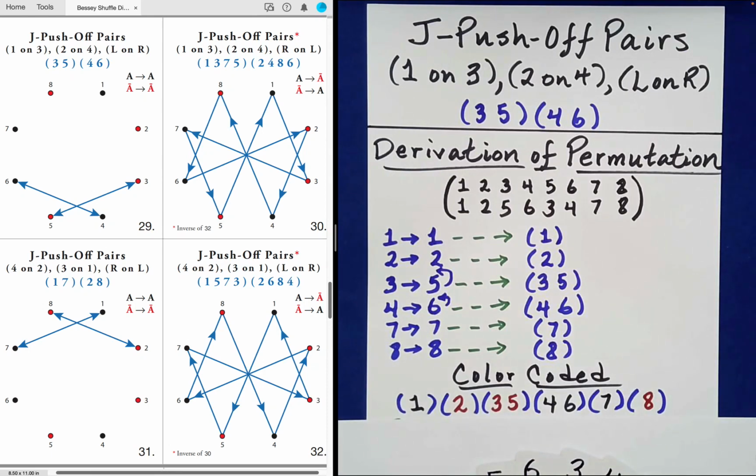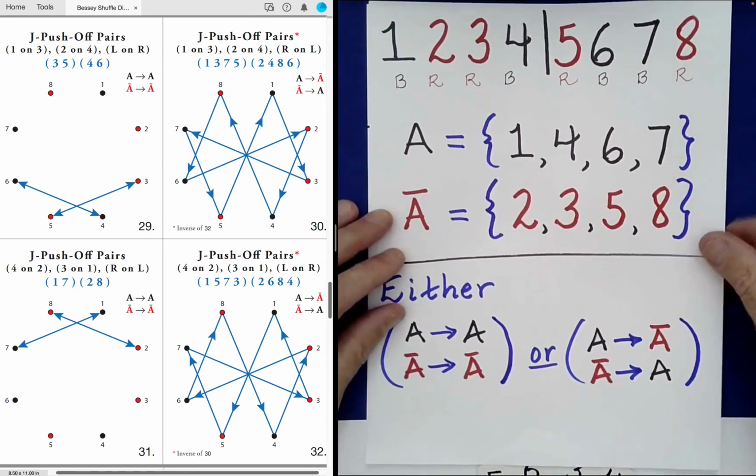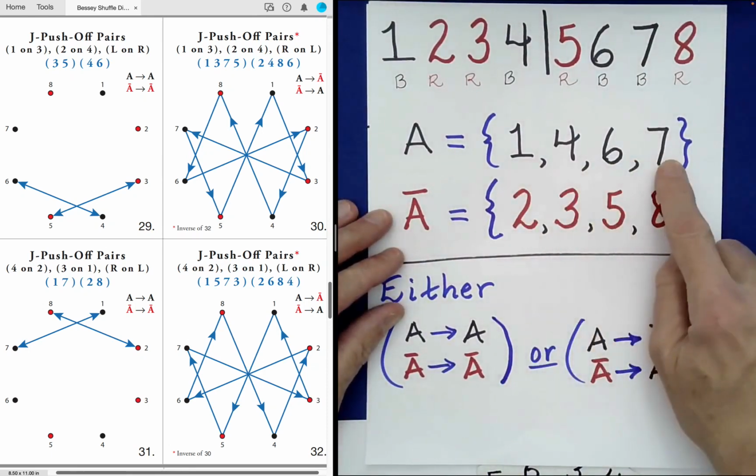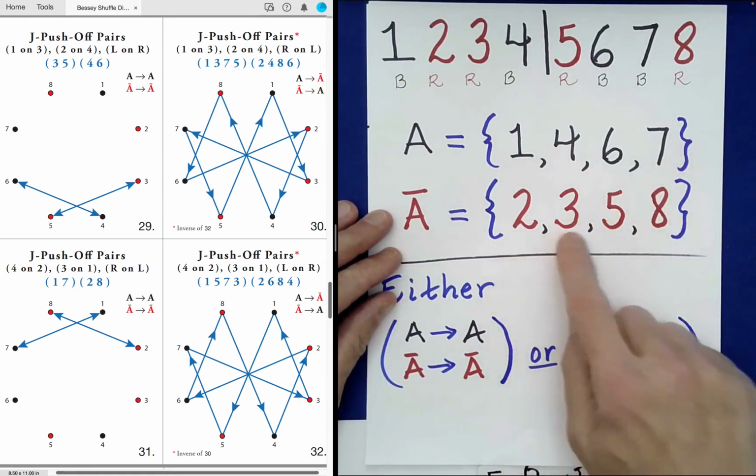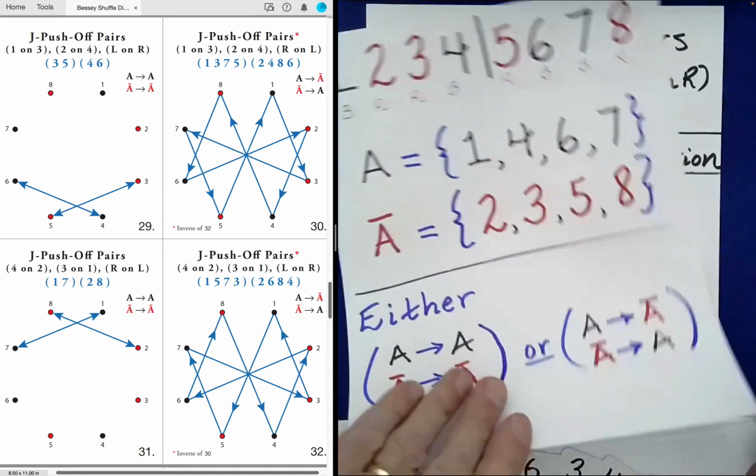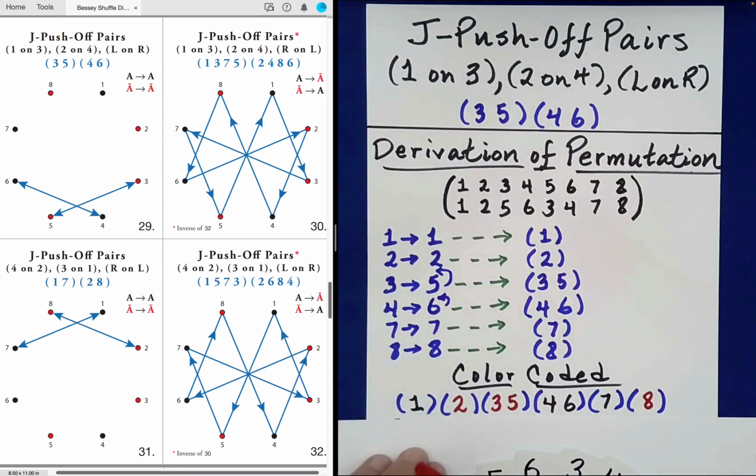Now remember from our review, digits 1, 4, 6, 7 are color-coded black, and positions 2, 3, 5, 8 are color-coded red. So we get a single cycle, so the black 1 gets sent to itself, which means that the object in that position doesn't go anywhere.